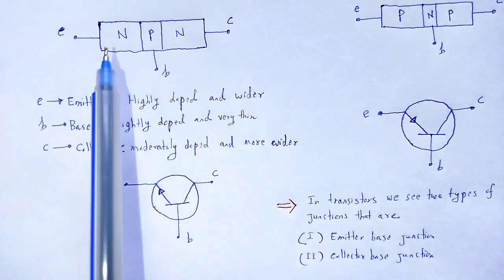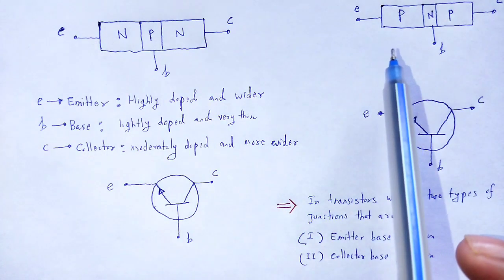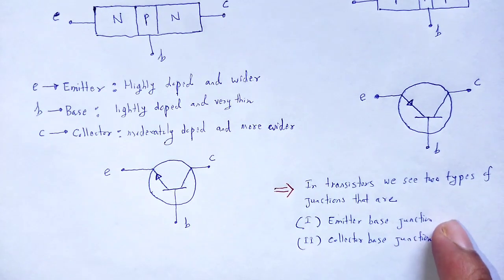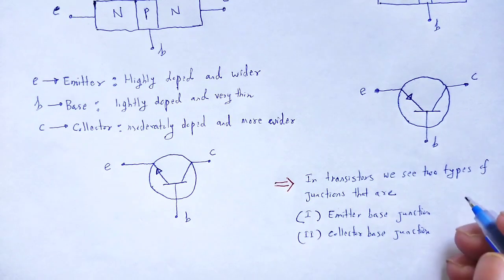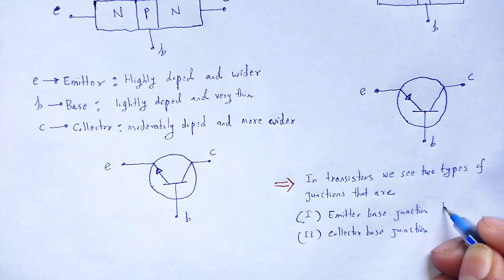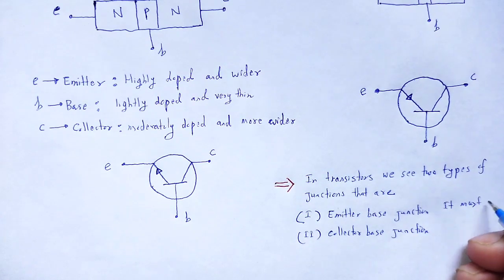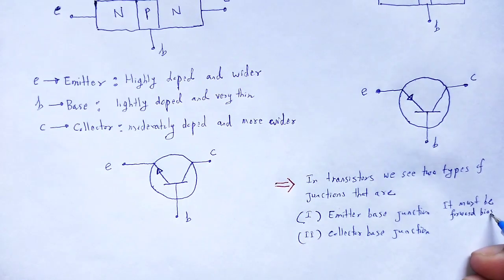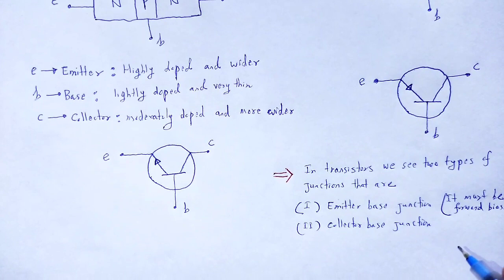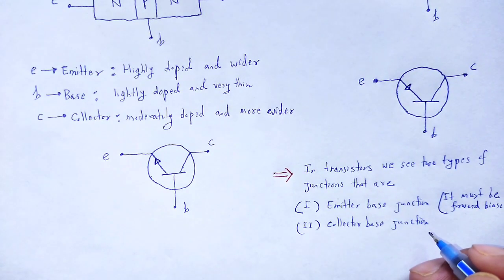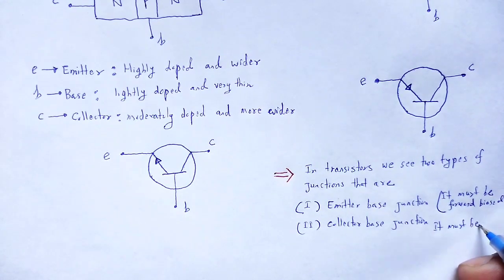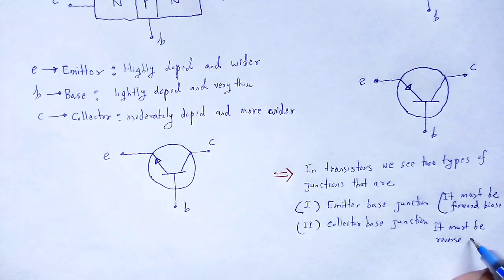When a transistor performs its function, we can notice that the emitter base junction must be forward biased. Similarly, the collector base junction must be reverse biased.